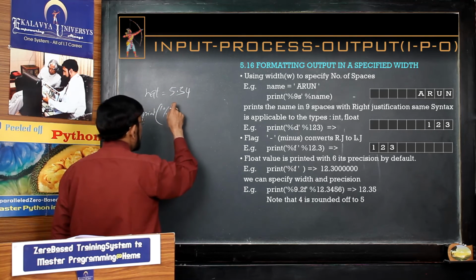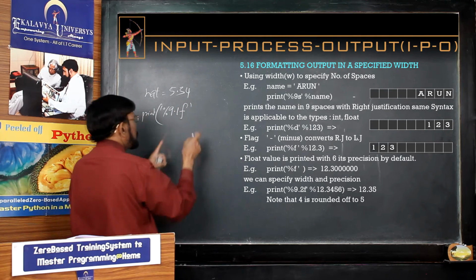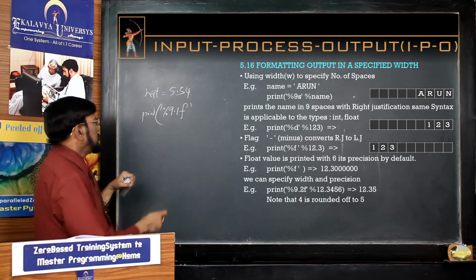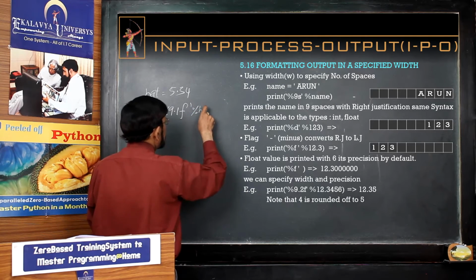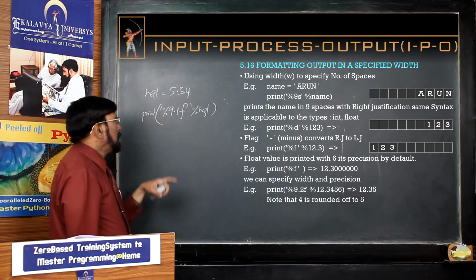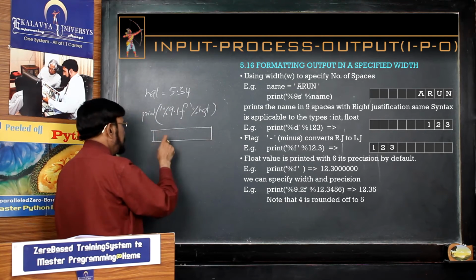Suppose for this I am writing %9.1f. F, you know, represents floating point. Then what is that? %9.1f I am writing. What do I mean? 9 spaces are to be allocated.